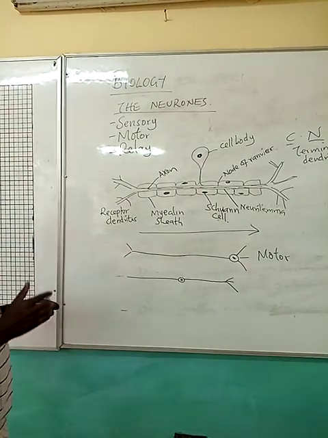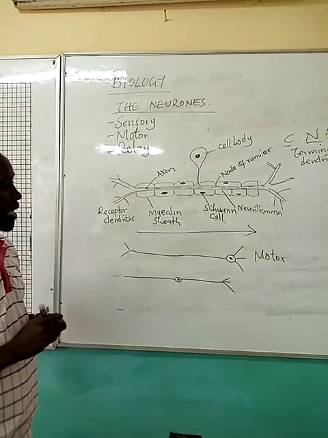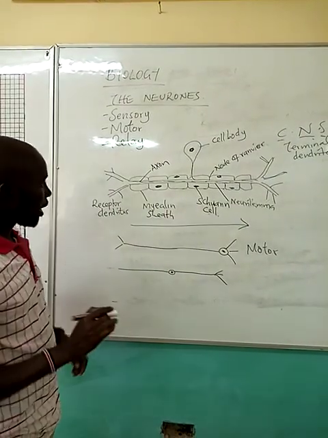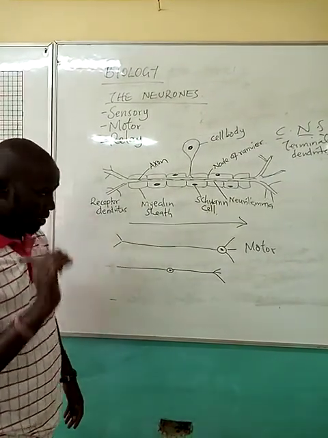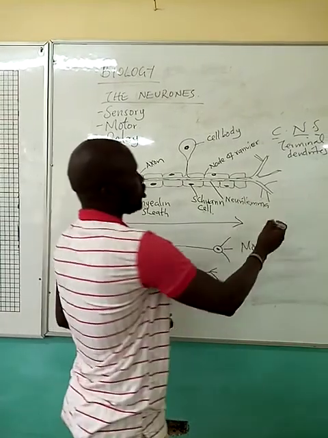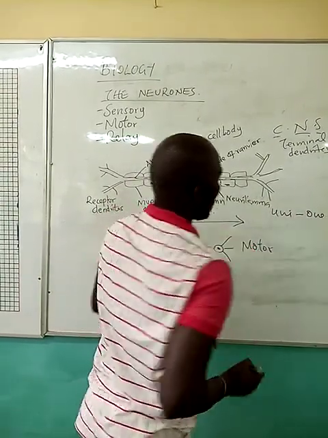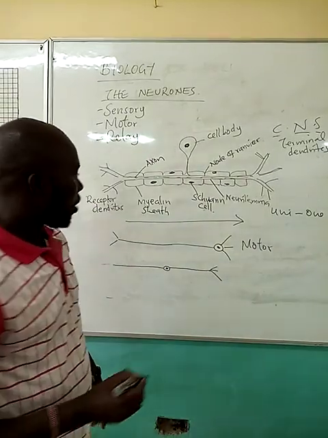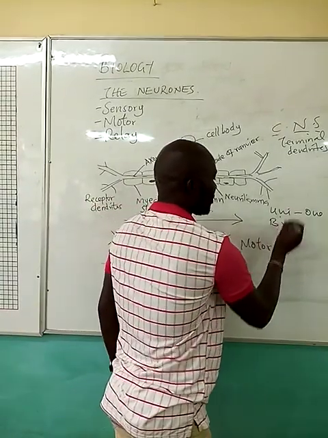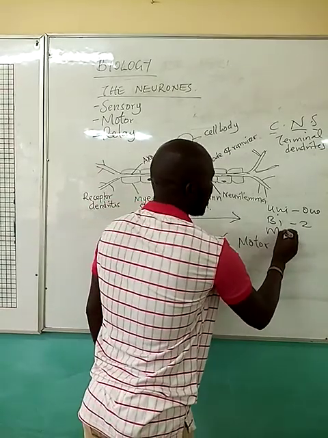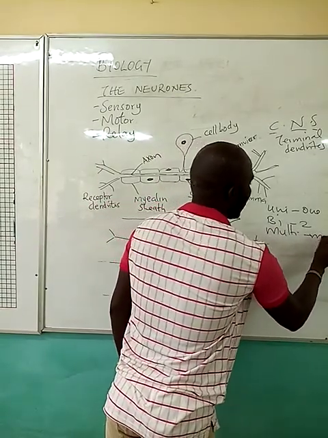Neurons are also described as being unipolar, bipolar, or multipolar. When I talk about uni, it means one or solitary. Bipolar, bi means two, and multi means many.